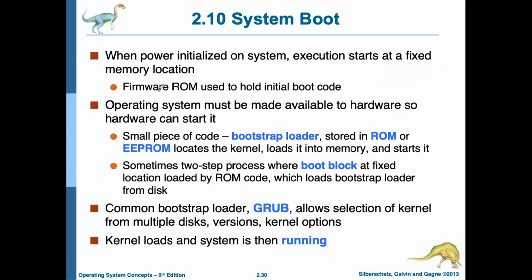A small piece of code, for example a bootstrap loader, stored in ROM or EEPROM, locates the kernel, loads it into memory, and starts it. Sometimes it is a two-step process where a boot block at a fixed location is loaded by ROM code, which loads the bootstrap loader from there.